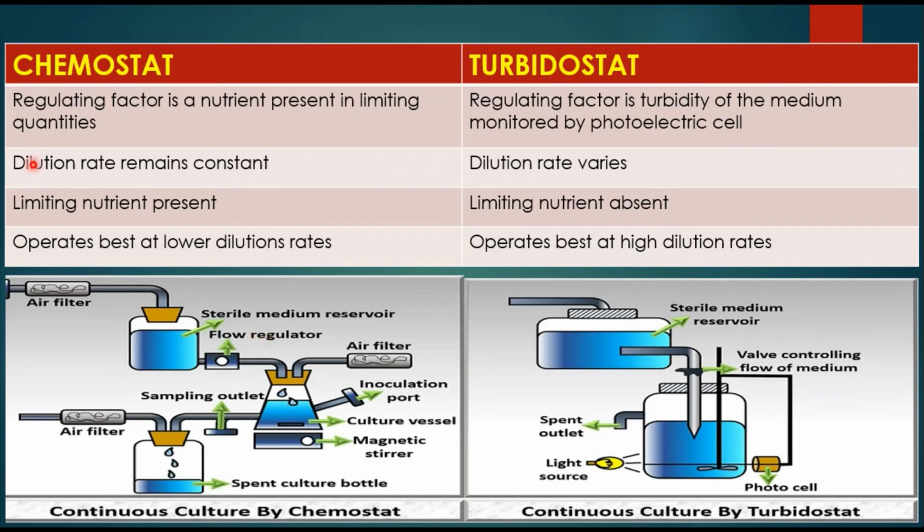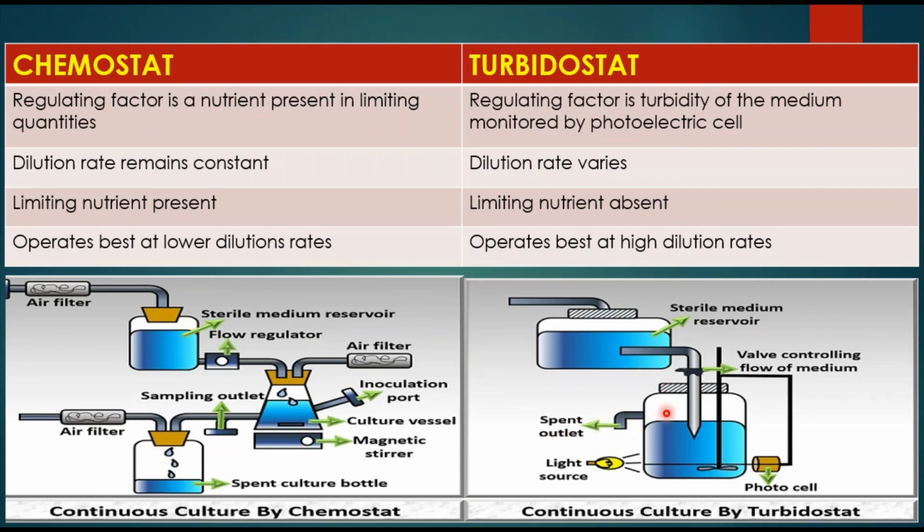In the chemostat, the dilution rate remains constant, whereas in the turbidostat the dilution rate varies. And the limiting nutrient is present in the chemostat. As I told you, for example, we have taken an amino acid as a limiting factor, which decides the dilution rate, that is, the concentration of the limiting nutrient.